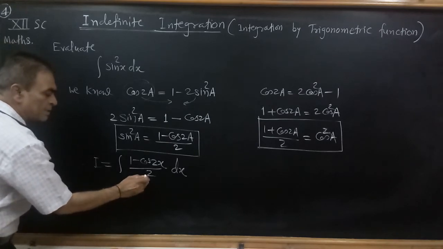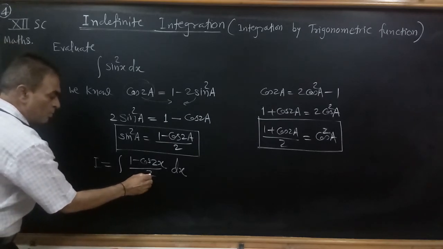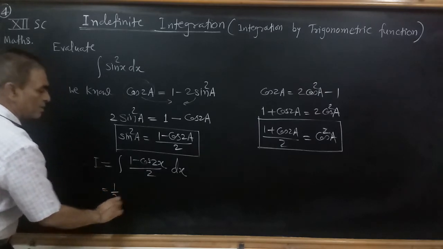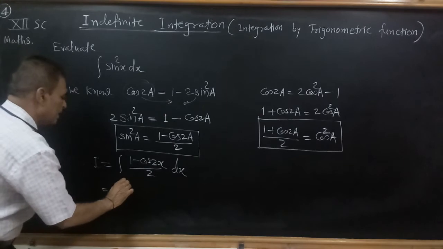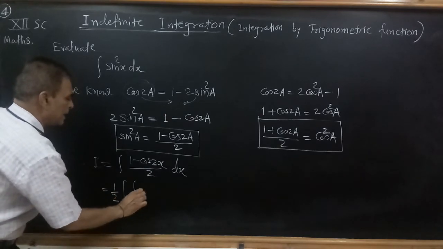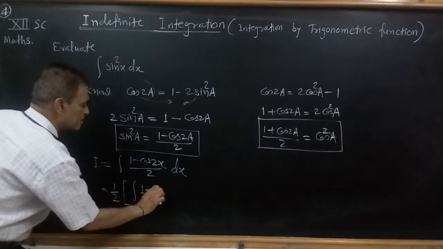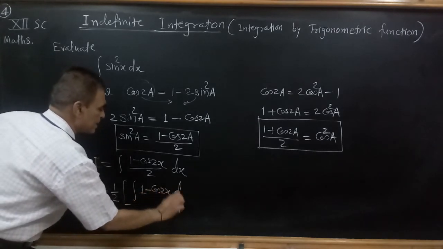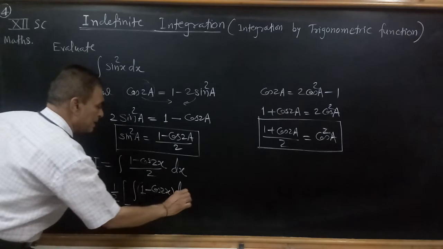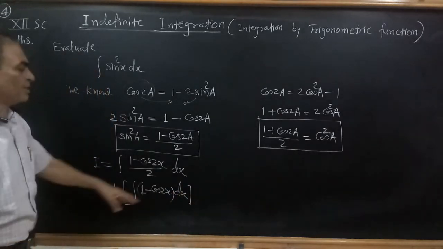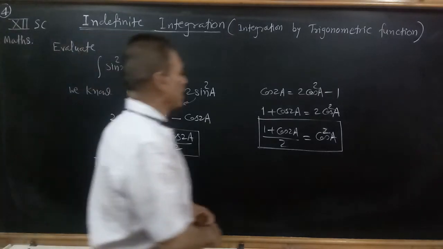Take this constant 2, you can take outside the integration, and in bracket integration of 1 minus cos 2x dx. Separate this integration and simplify.